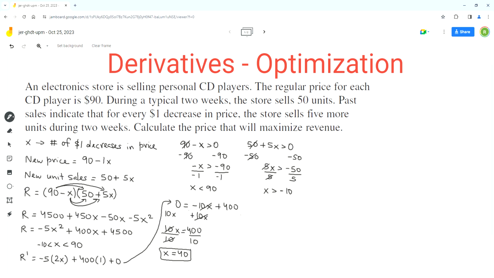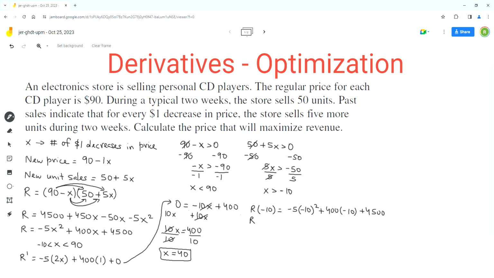So r equals negative 5x squared plus 400x plus 4500. So we'll start with x is negative 10. So we'll find r at negative 10. We'll sub in x as negative 10 in the revenue equation. So we have negative 5 times negative 10 squared plus 400 times negative 10 plus 4500.